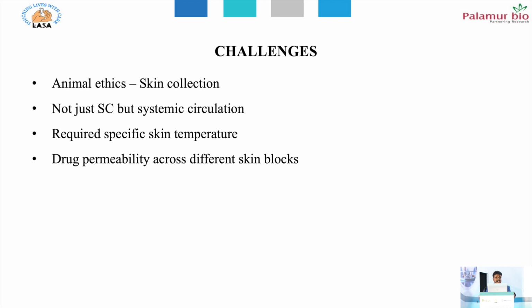And we have been asked also to apply the drug at a specific temperature for efficacy reasons, because they think that application at a specific temperature gives different absorption levels. So we have been asked to create the temperature at the skin region without any contact. That means we cannot touch the pig skin, or else it will contaminate the site of the skin block.